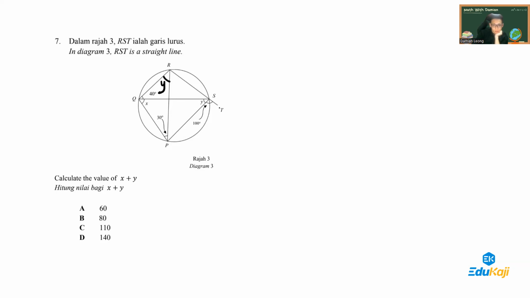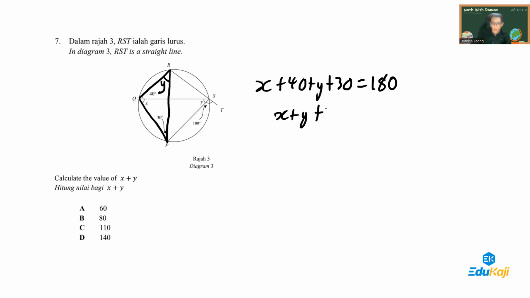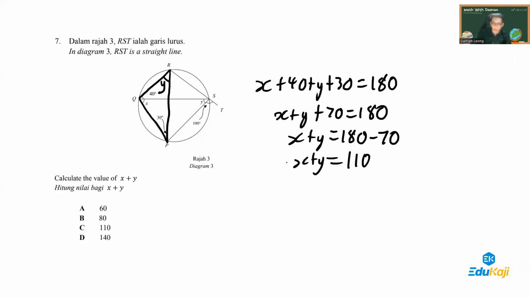So I can actually use this triangle. Total angle in a triangle is 180, means x plus 40 plus y plus 30 is 180. x plus y plus 70 is 180. So x plus y is 180 minus 70, which is 110. So x plus y, straight away I get 110, answer C.